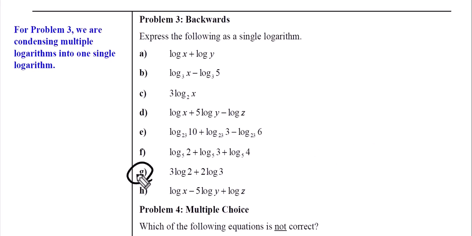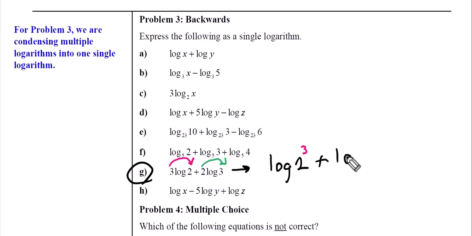G, interesting. I have a plus, so there's a multiplication, but I have powers. And notice that these are different. So the 3 goes back to the 2. And the 2 goes back to this 3. So let me do this in steps. So that means I have log 2 with a 3 on top.